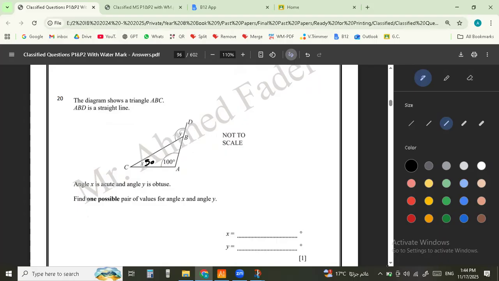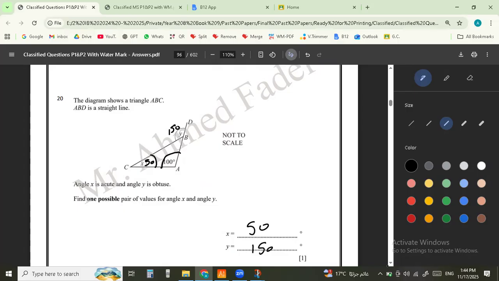Oh, mister, the exterior angle of a triangle is the same as the sum of the opposite interior angles. So this and this add up to Y. This is 100, this is 50, so this is 150. So you can say that X is 50 and Y is going to be 150.